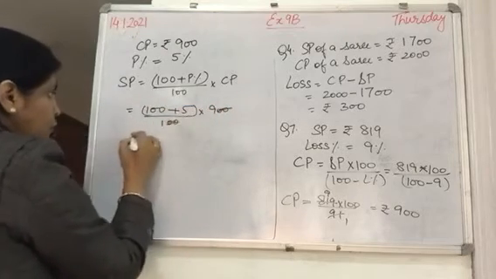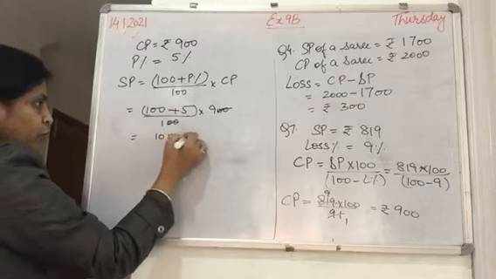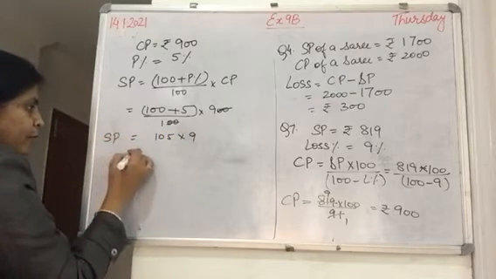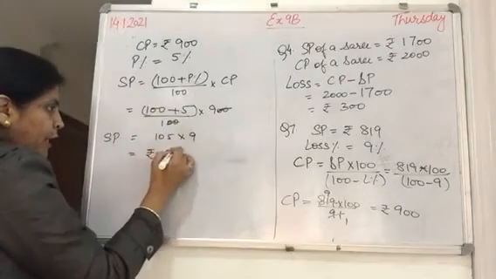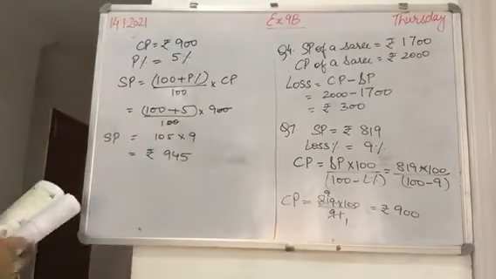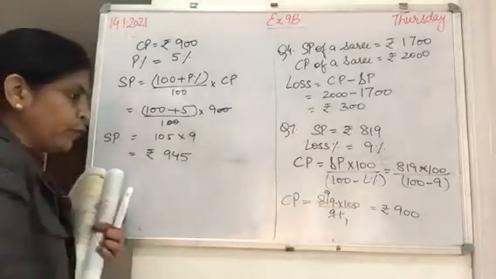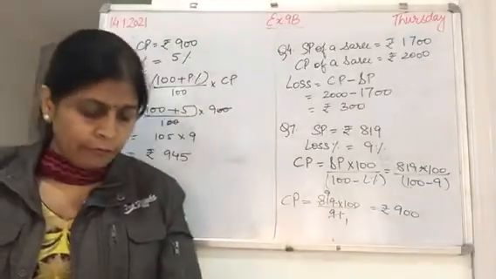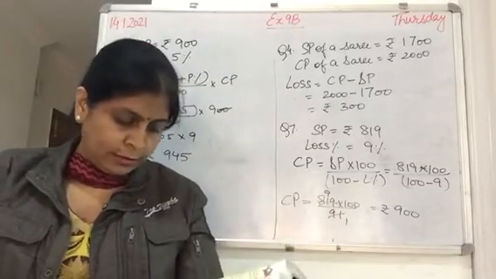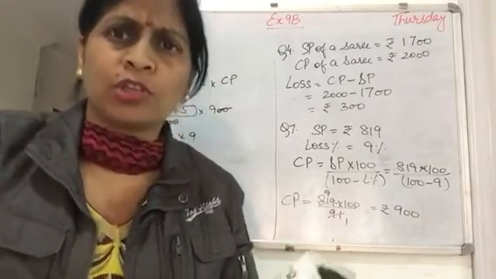Cut the zeros. 105 into 9. So selling price will be rupees 945. So he will sell at a price of 945 to get a profit of 5%. Clear? Now the 8th question I will do next.